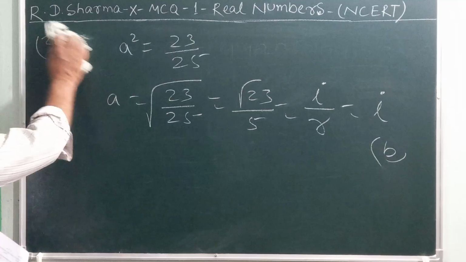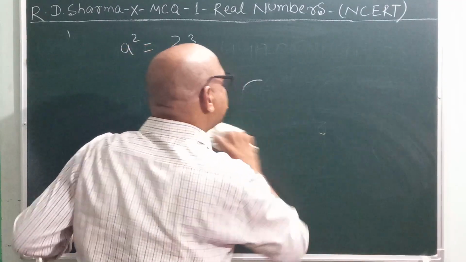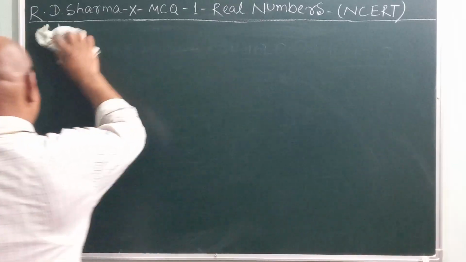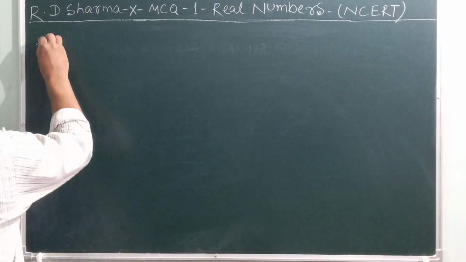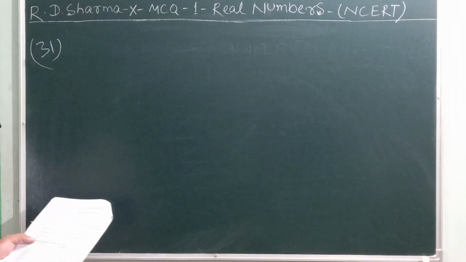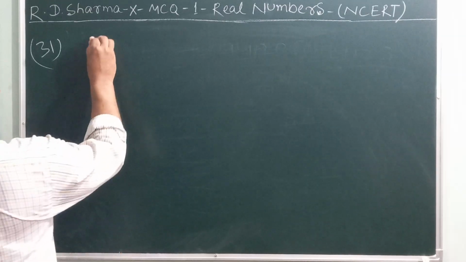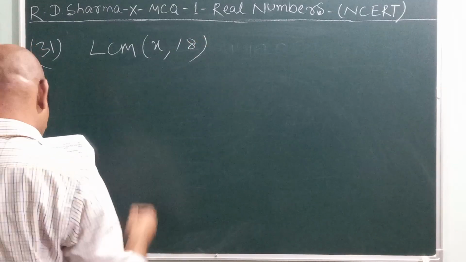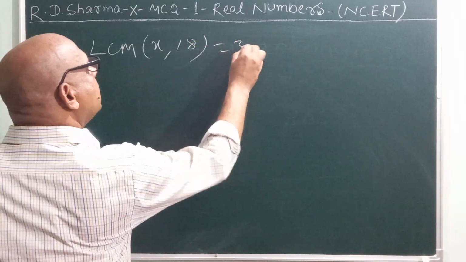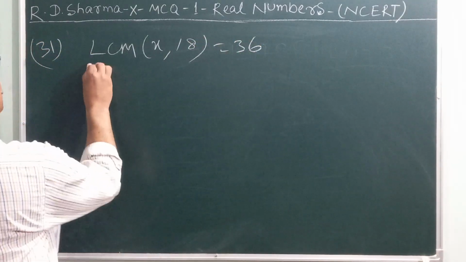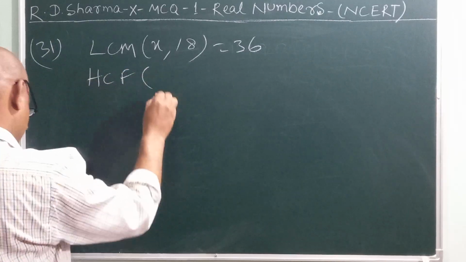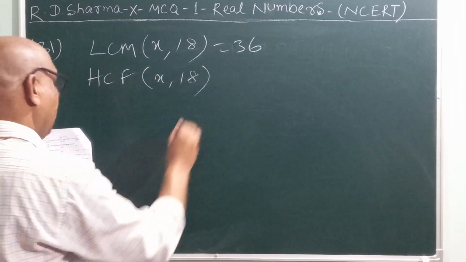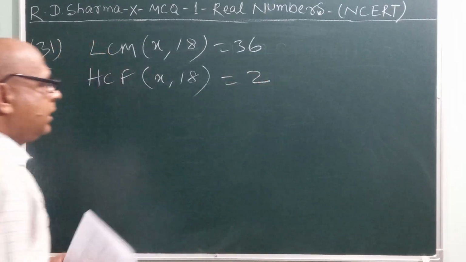Next, number 31. LCM times 18 equals 36. HCF times 18 equals x, then x is what?